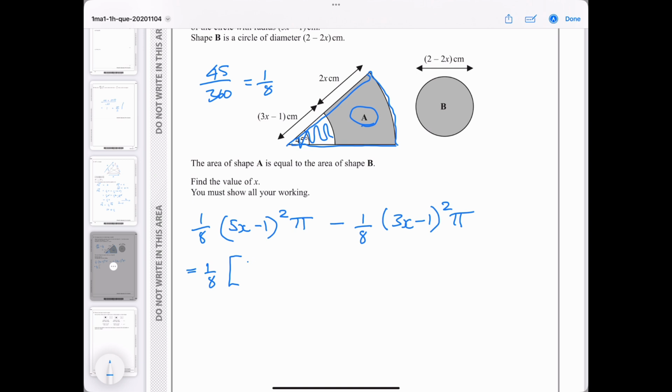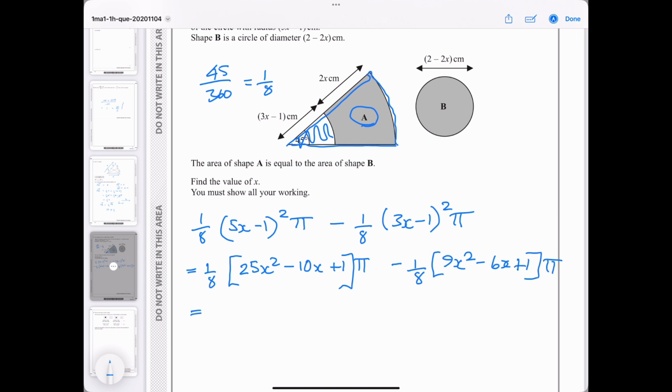So 5x minus 1 squared is 25x squared, minus 5x minus 5x, so minus 10x, plus 1, pi. And then minus 9x squared minus 3x minus 3x, so minus 6x, plus 1, pi.